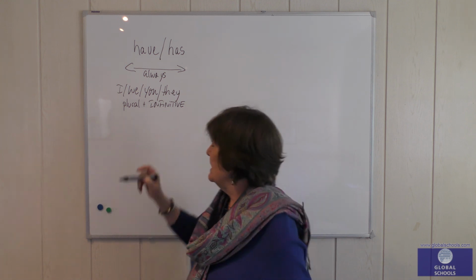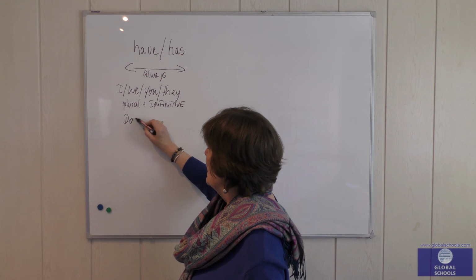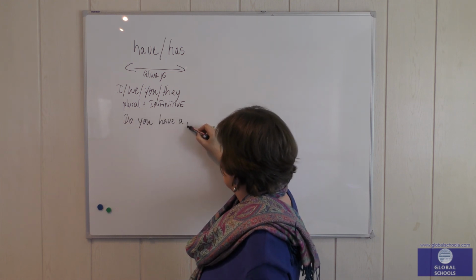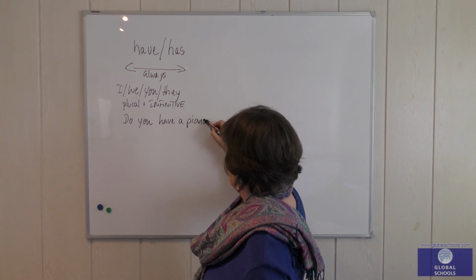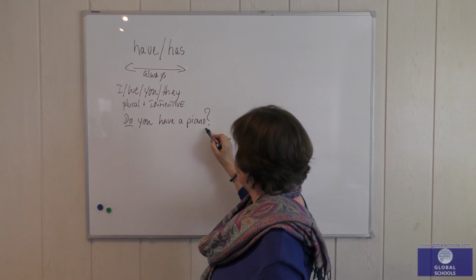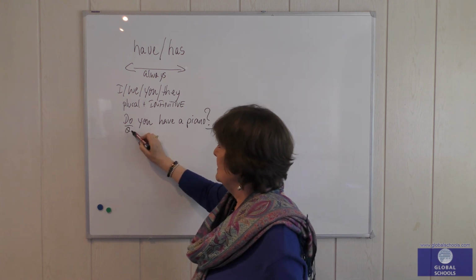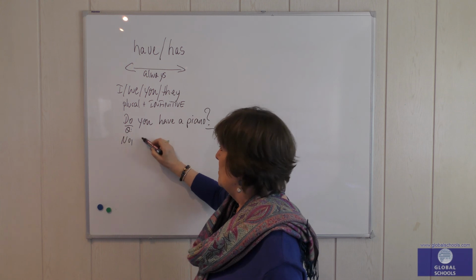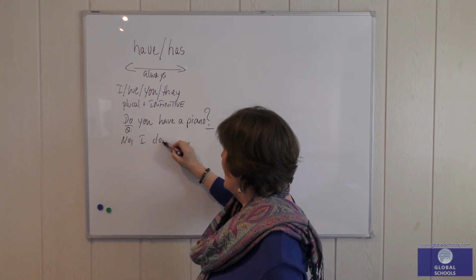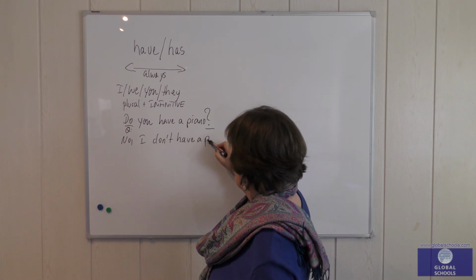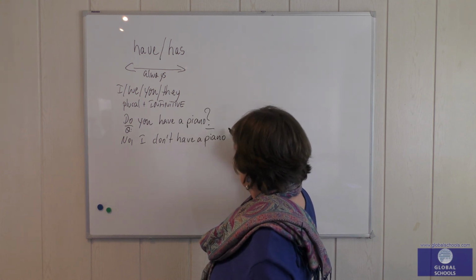So it's very easy. As a little example, you say, do you have a piano? You see, we need do for the question. This is our question word. And then you say maybe, no, I don't have a piano.